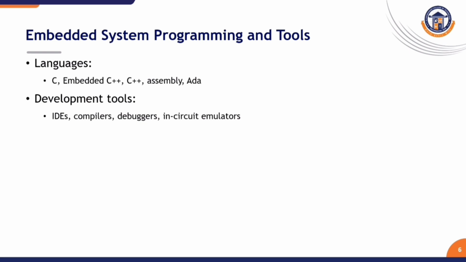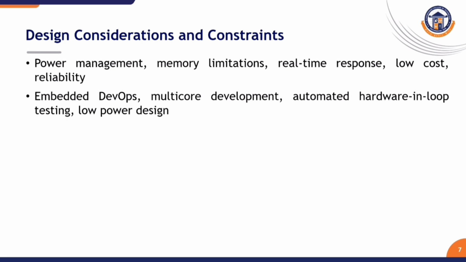Next, we are going to discuss design considerations and constraints. Embedded systems involve several constraints because we are operating a system with a limited amount of power. So the first thing is power management, especially for battery operated devices. Next one is memory limitations.